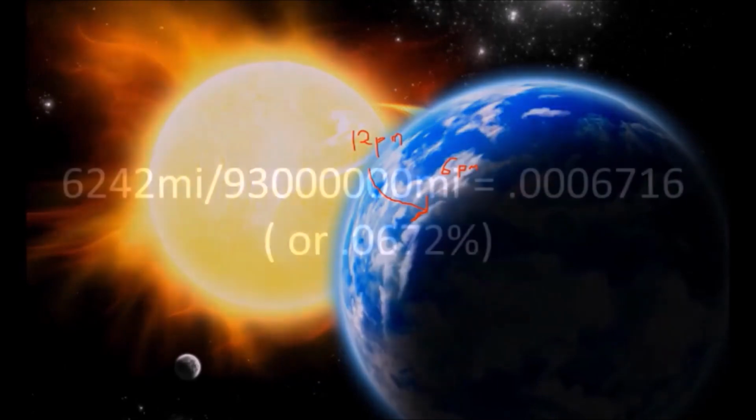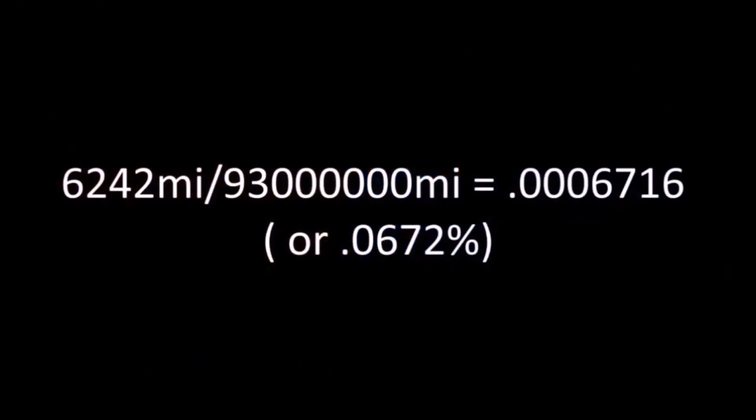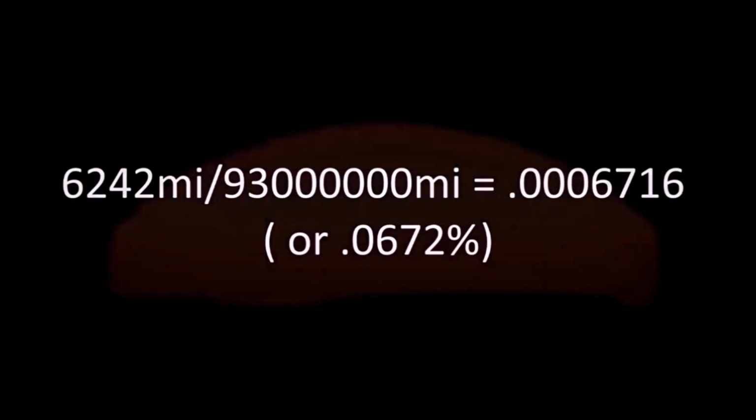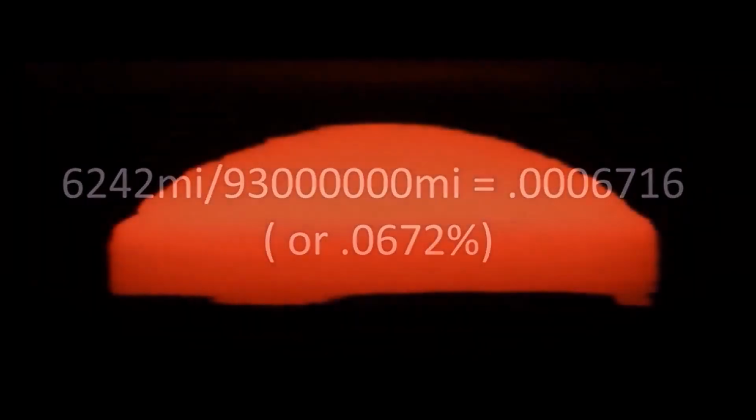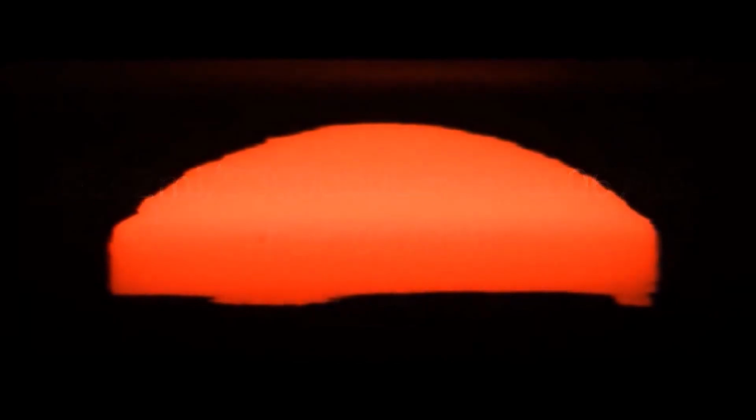So doing the math, the distance we traveled divided by the total distance is 0.0006716, or 0.0672% rounded.